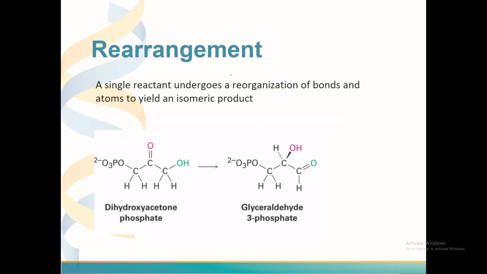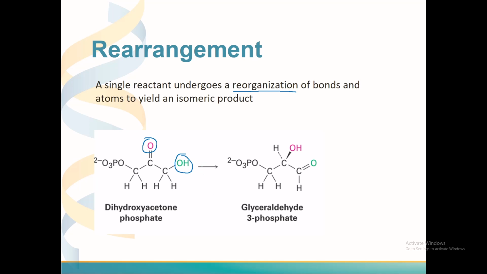Lastly, a rearrangement reaction, where a single reactant undergoes a reorganization of bonds and atoms to yield an isomeric product. Remember what an isomer is, yeah? I'm not going to repeat about isomers. The example given here is dihydroxyacetone phosphate, and we have the structure. Pay attention to the position of the oxygen and the hydroxide group.